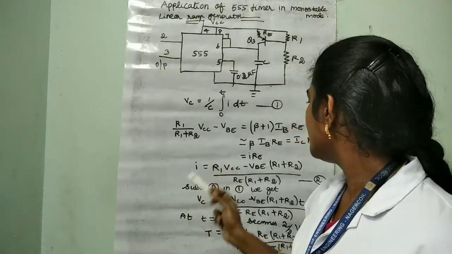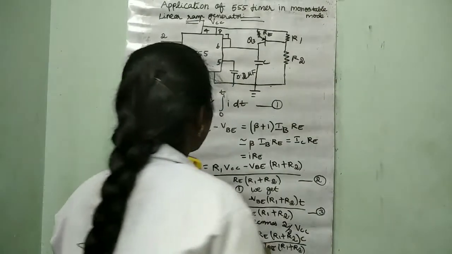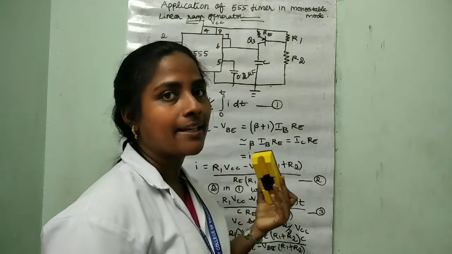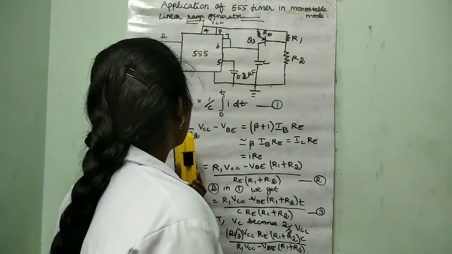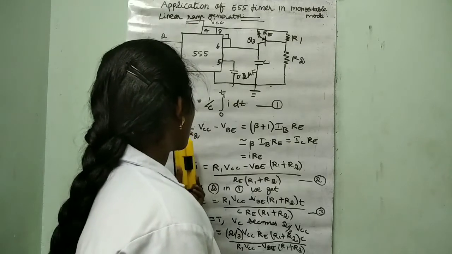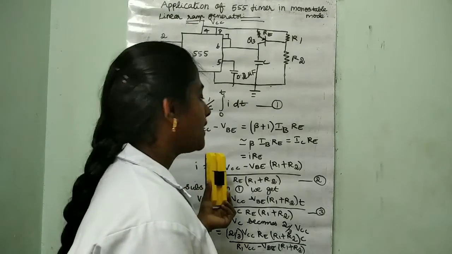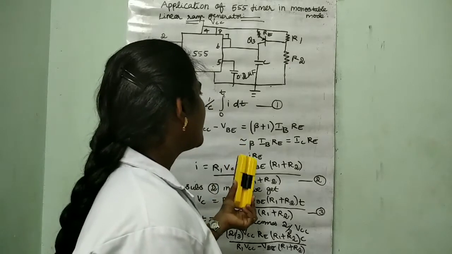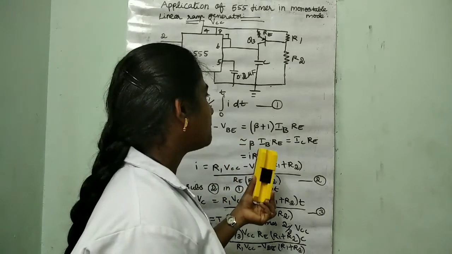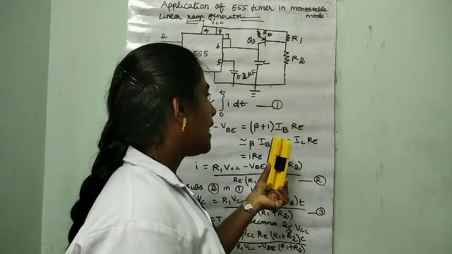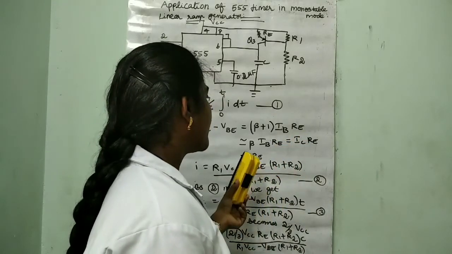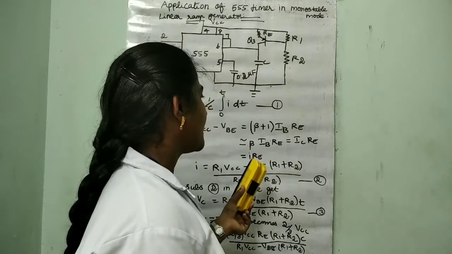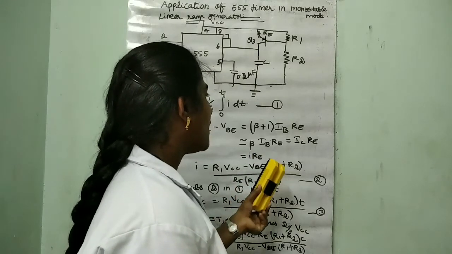By Kirchhoff's voltage law, we can write R1/(R1+R2) times VCC minus VBE equals (beta+1) IB times RE, which is approximately beta IB times RE.